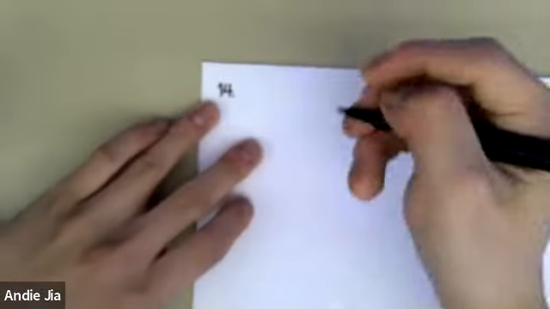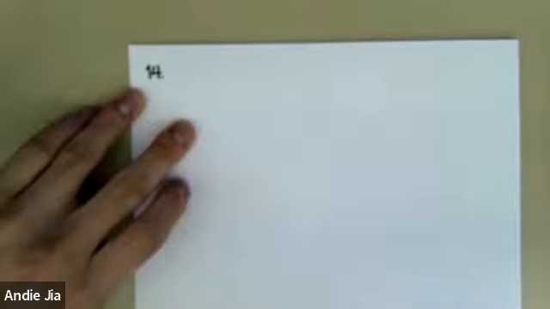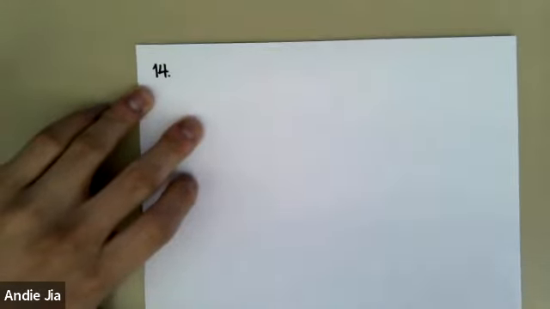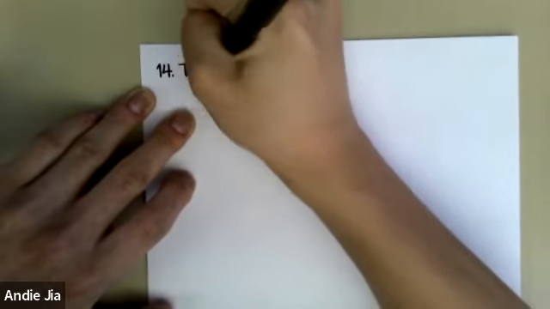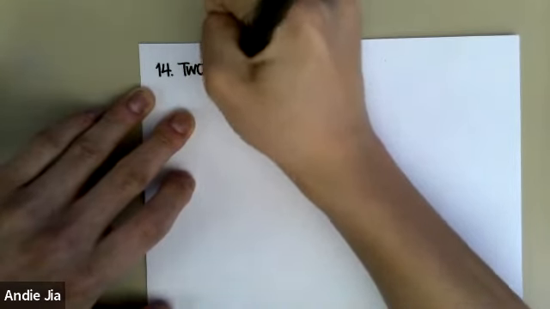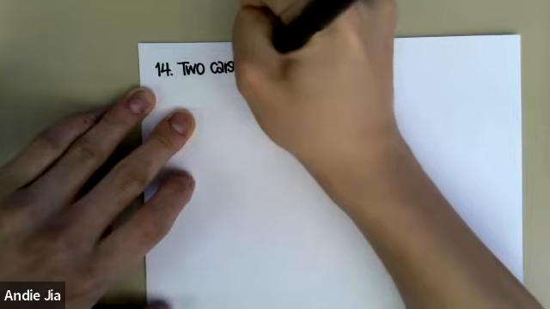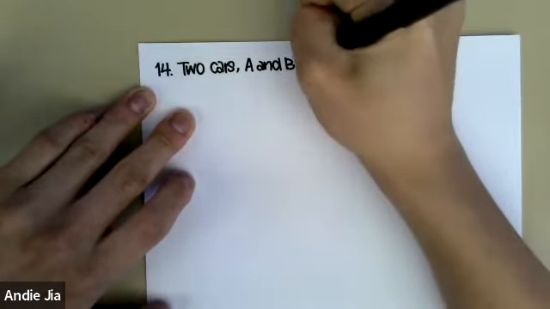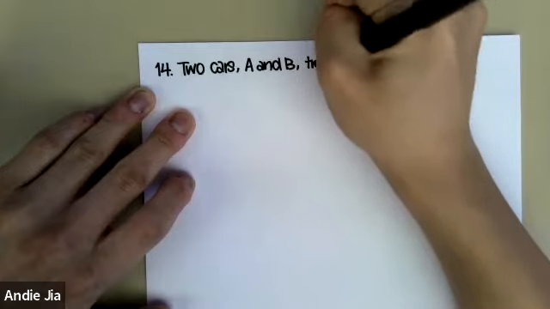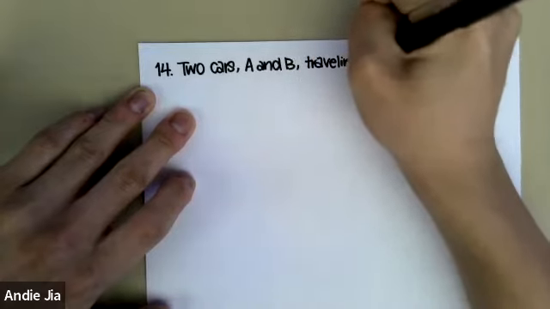Okay, so there are going to be two cars, because I can't find good ones, so I'm going to make one. There are two cars, A and B, and they're traveling.